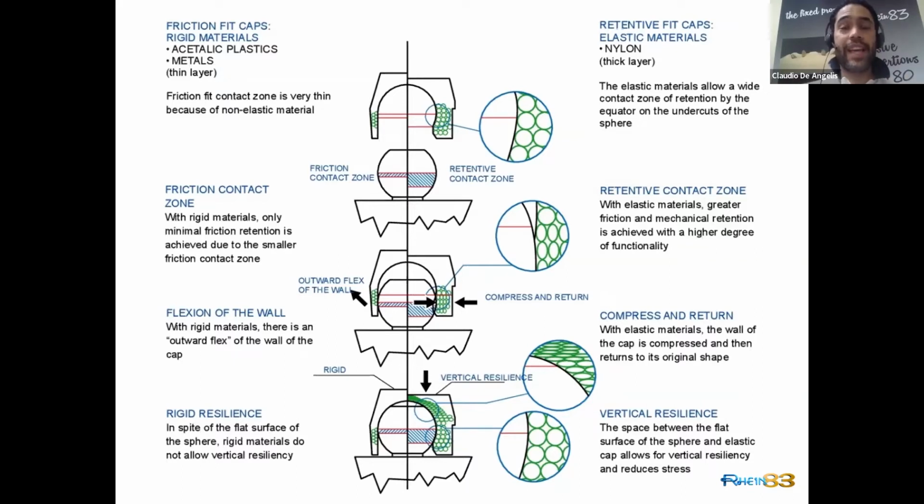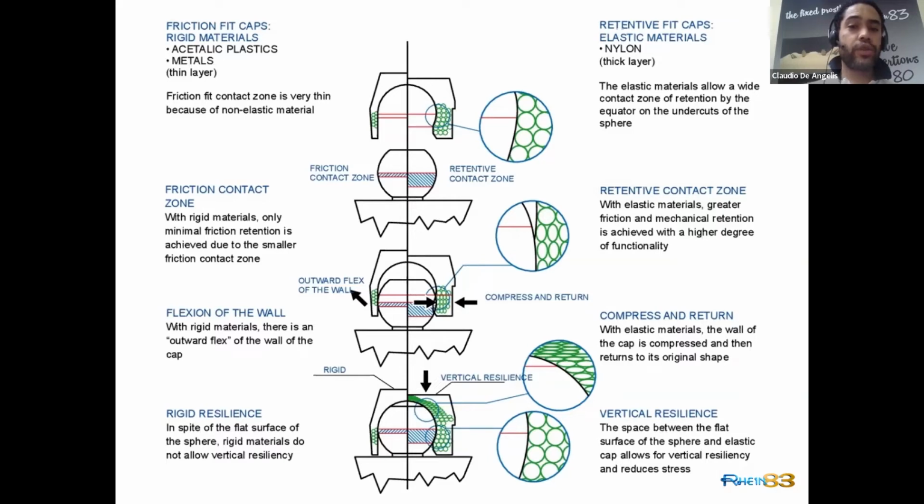The retentive elastic cap from Retentive 3 can work on a bigger surface, the equator, but also the undercuts, the lowest part of the sphere, and provide a better retention.